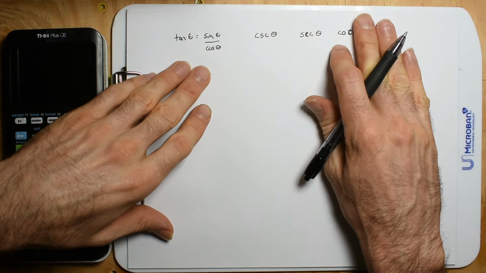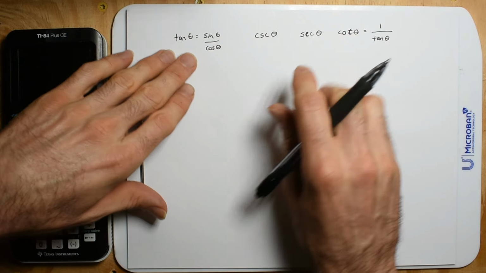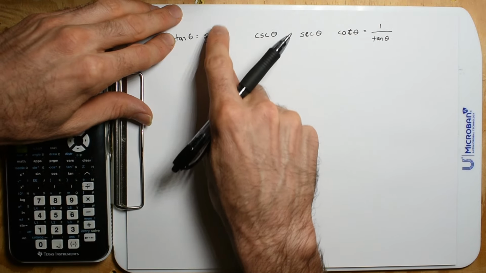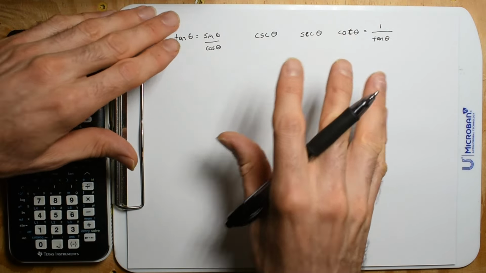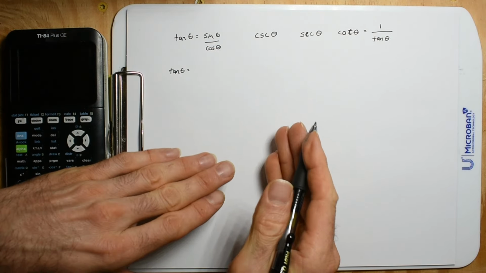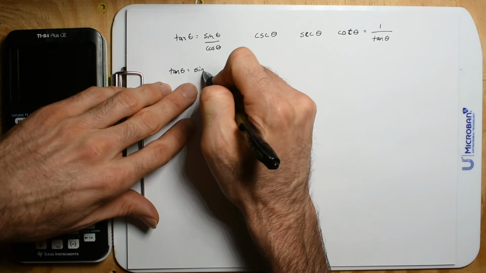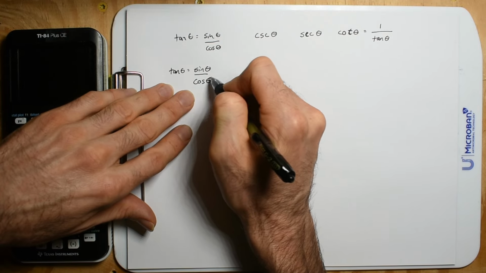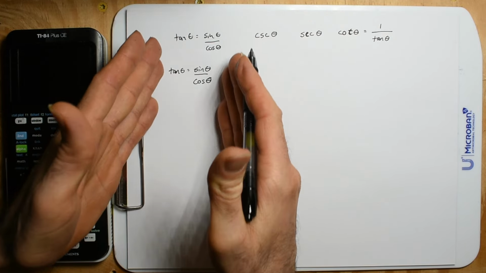So what we're getting into is that you need to know there's a relationship with tangent. It's the sine divided by the cosine. But any time that you have an equation with tangent in it, just replace it with sine and cosine, because now you know what those parameters are. And so we're going to do a little example about that.